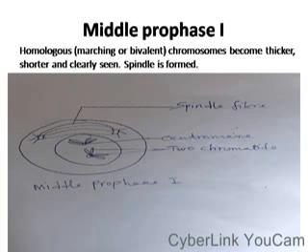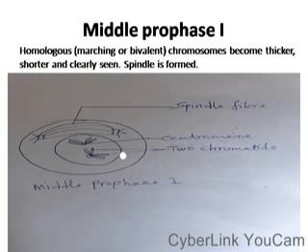Spindle also is formed at the middle prophase, that is, spindle fibers are formed. So these are the homologous chromosomes that become visible. These are the spindles that are formed. Still, division of the cell cannot take place because the nuclear membrane is still visible in the middle prophase I.